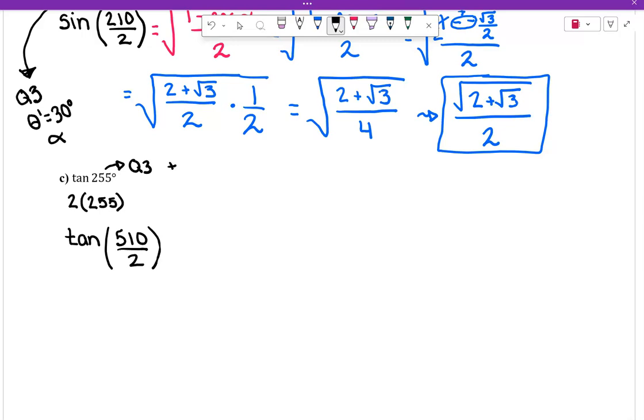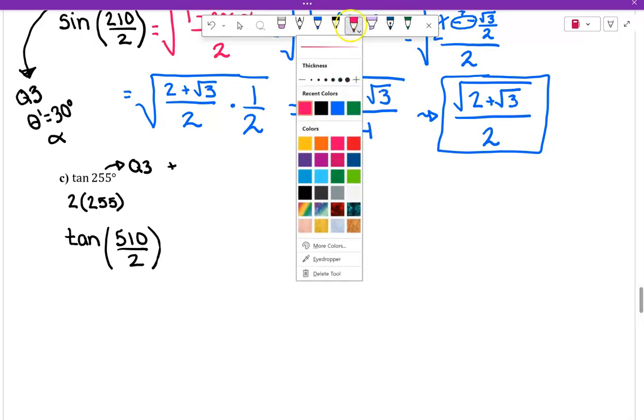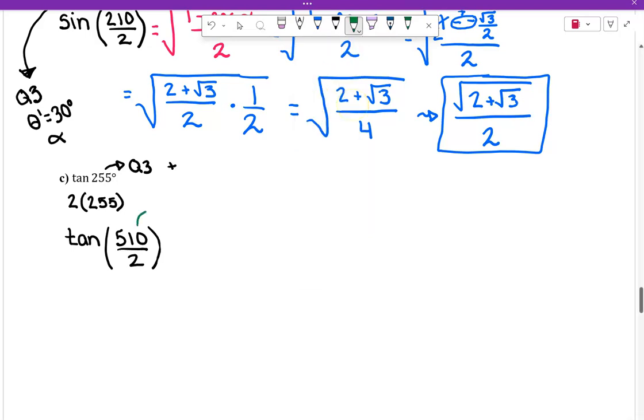Now, let's think about 510. Okay, I think I'm going to write in green for this one. So 510 is over 360. So we're going to do 510 minus 360. That means we are actually sitting at 150 degrees. Okay, 150 degrees is quadrant 2.